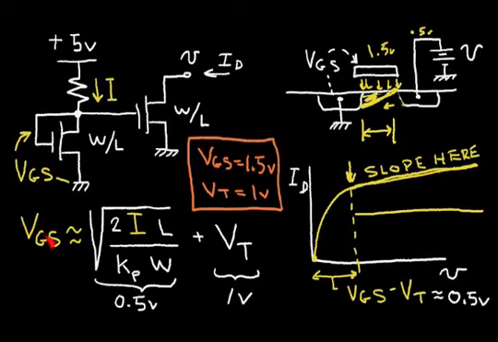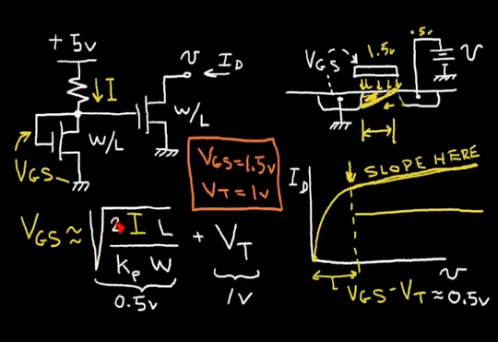And this shows the equation for the approximate voltage gate to source that is approximately equal to the square root of this term plus the VT threshold voltage that we're assuming is 1 volt. And we're also assuming that this term, the square root term, is a half a volt. And that gives me the voltage gate to source of 1.5 volts, which I'm assuming in this particular example.